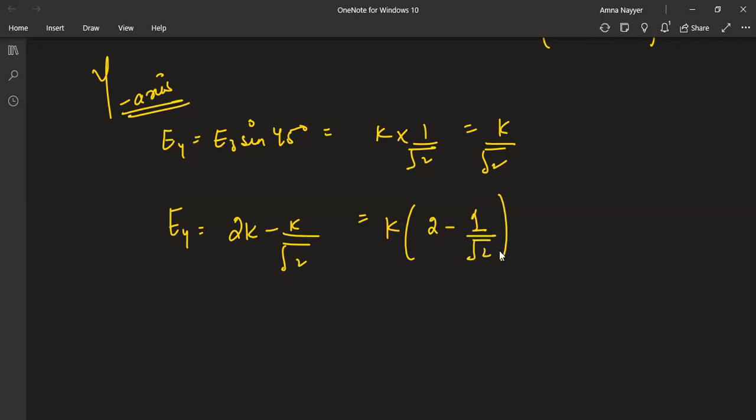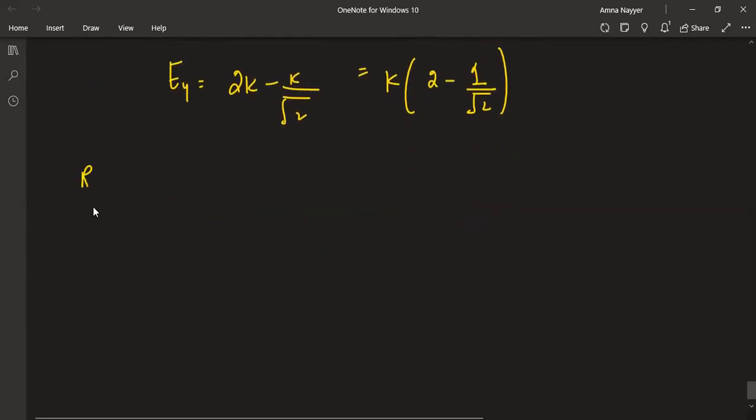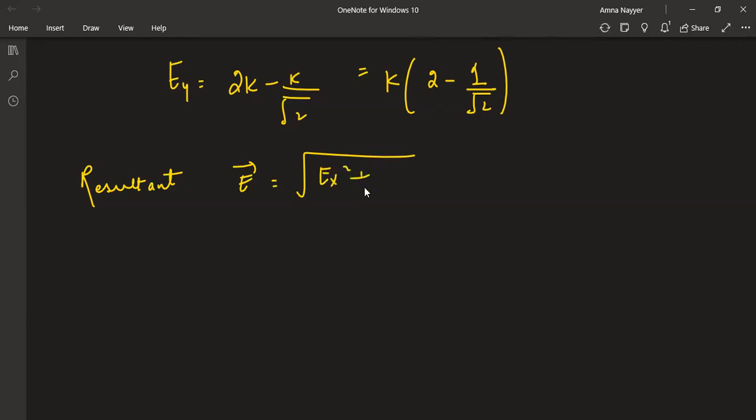Fine. Now you have to find out the resultant electric field. So resultant electric field will be under root EX square plus EY square.